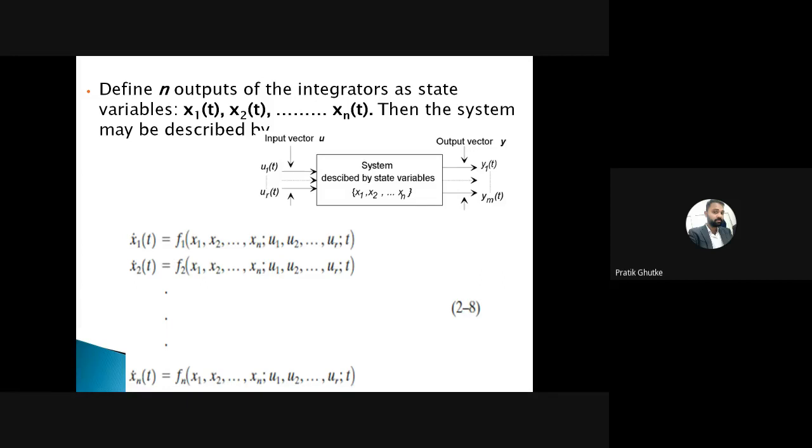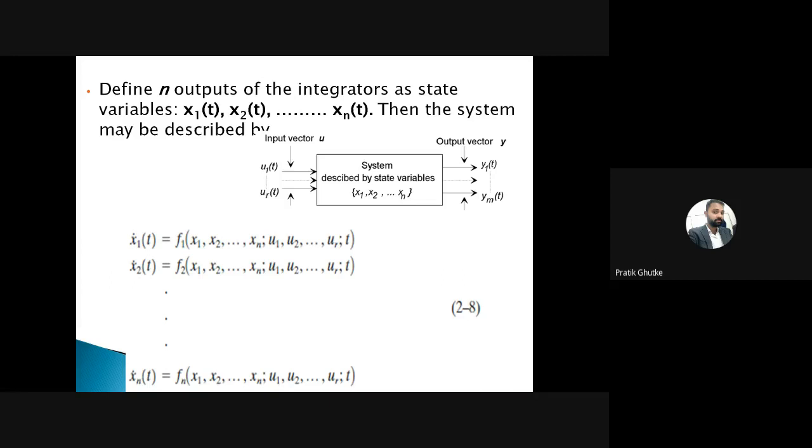The input vector is u of t, with u1 up to ur, and the output vector is y of t, with y1 of t, y2 of t up to ym of t.